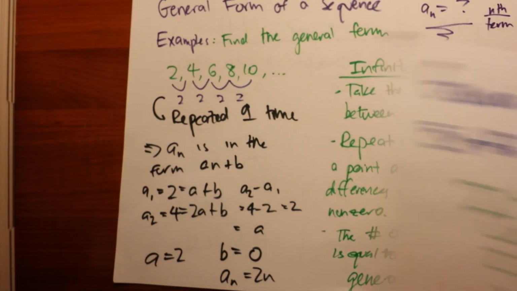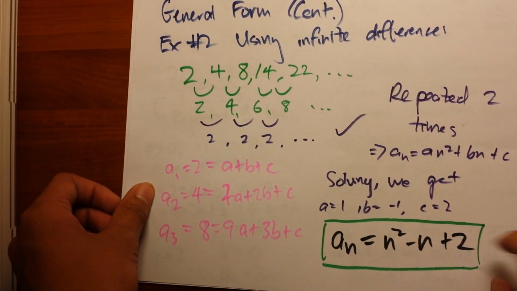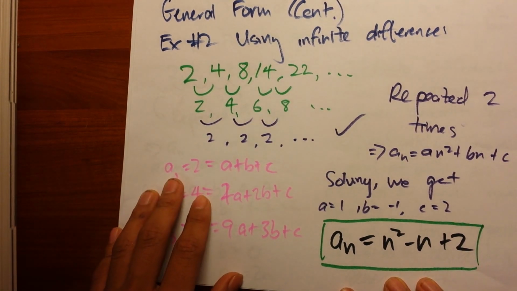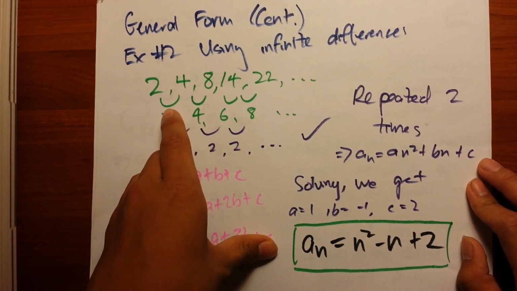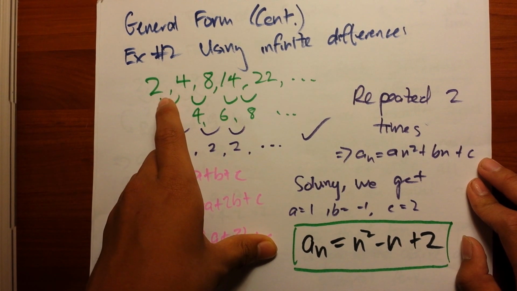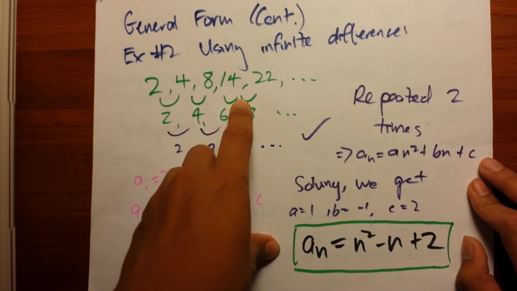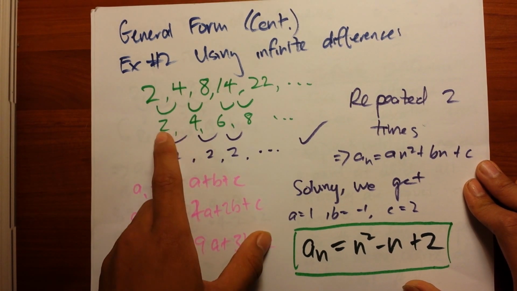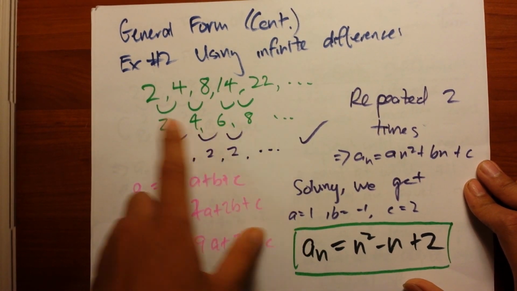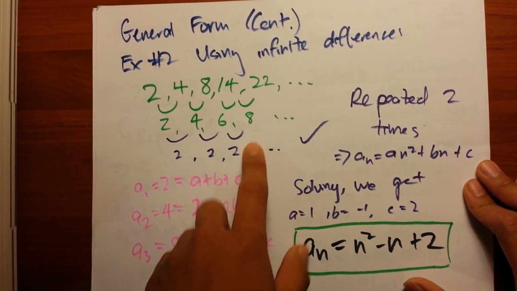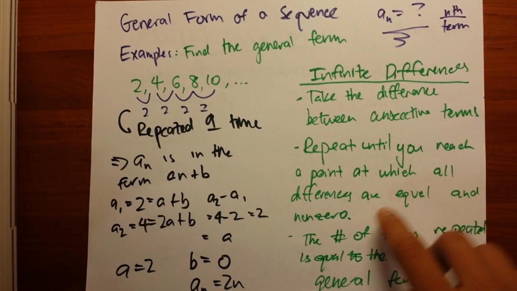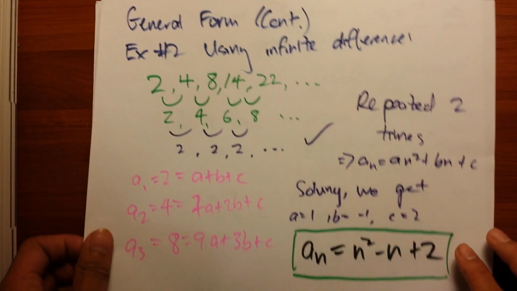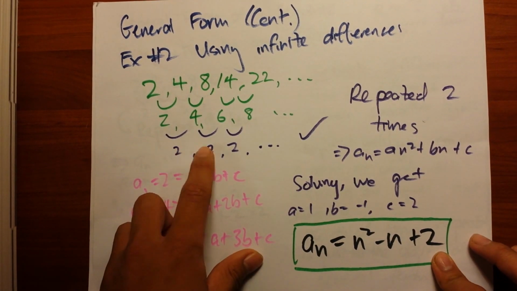Here's a harder example. Let's use finite differences on this sequence: 2, 4, 8, 14, 22. First, we take the difference between consecutive terms. We get 2, 4, 6, 8, and so on. This doesn't satisfy the condition of all being equal, so we do it one more time, and we get 2, 2, 2.